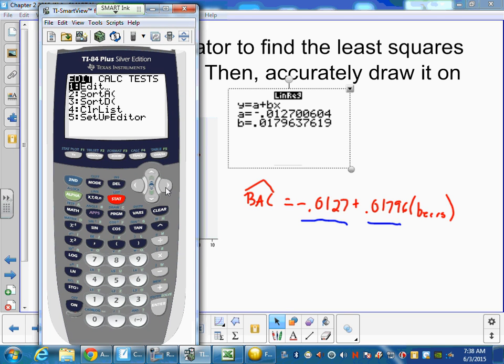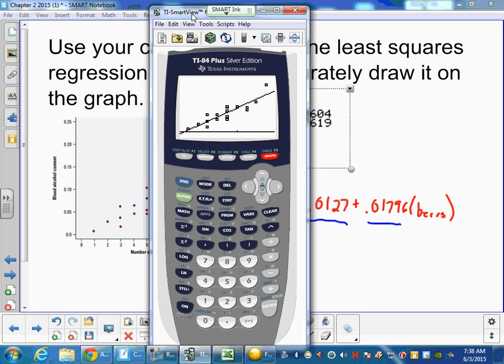Another way we can do it is if we do a linear regression again, and now when it says store regression equation, if we type in y1, so I hit vars, go to y vars, enter, enter, calculate. Looks like nothing happened. But what it did is it threw this into the y1 variable. Now, when I graph it, you can see the linear regression line on the graph.